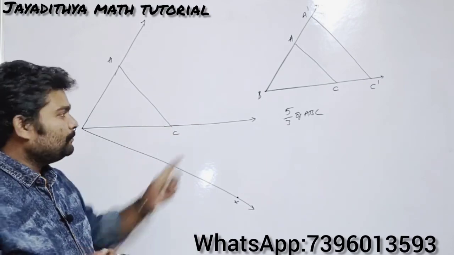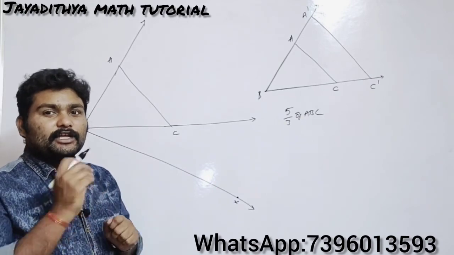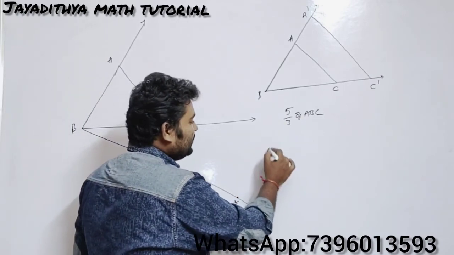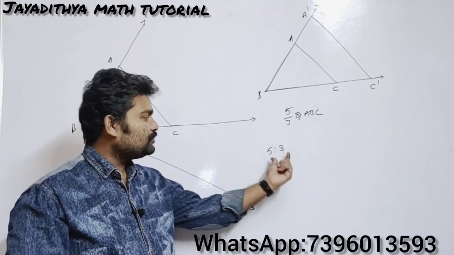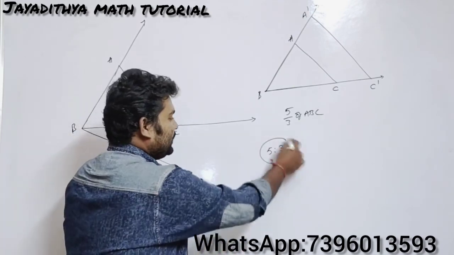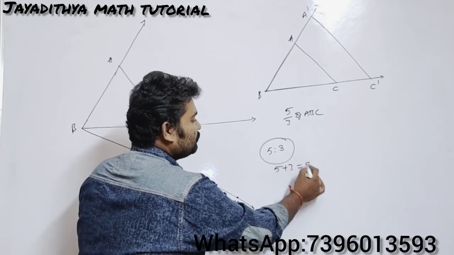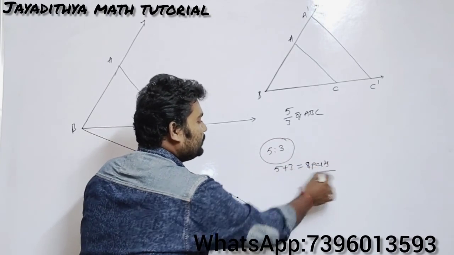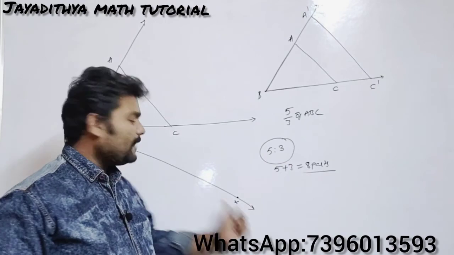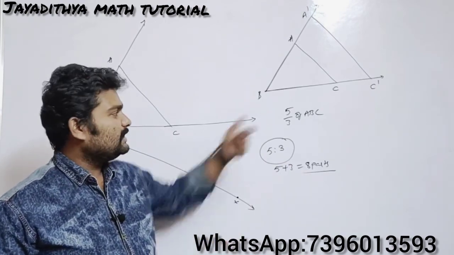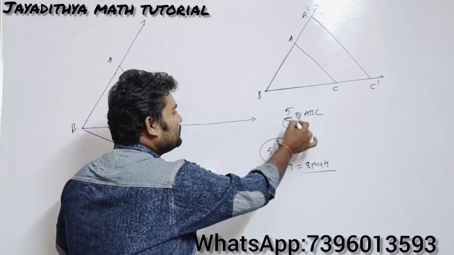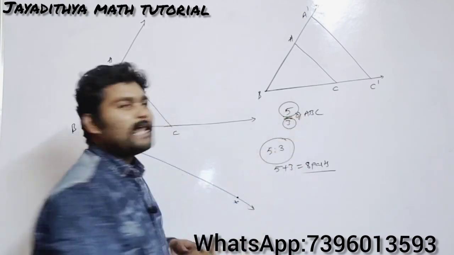Now come to the given scale factor. If a line is divided in the ratio 5:3, you take a total of 5 plus 3, which equals 8 parts, on the ray BX. But here, if you observe clearly, the original triangle's dimension is 3 and the similar triangle's dimension is 5.